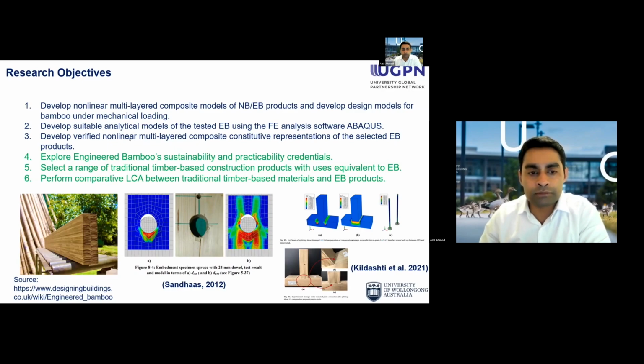Then we will verify multi-layered composite constitutive representation of the engineered bamboo. So at the end, what we want to come up with is a way to model the engineered bamboo's behavior, so that we can try out different combinations and verify by tests.